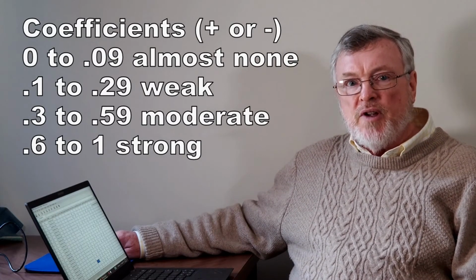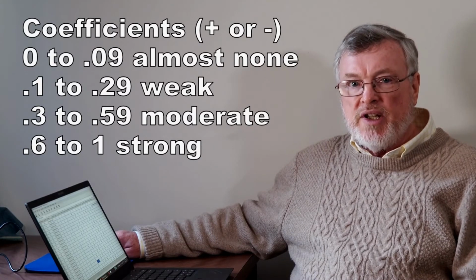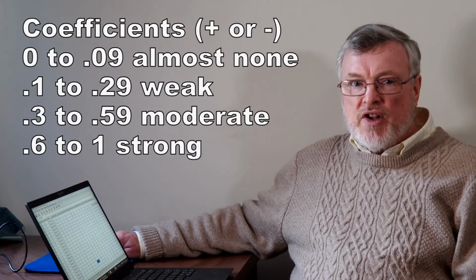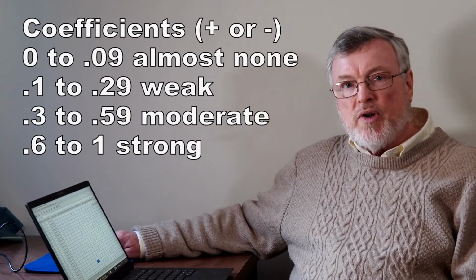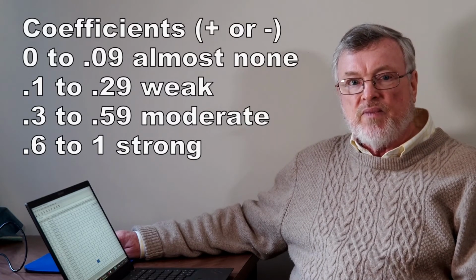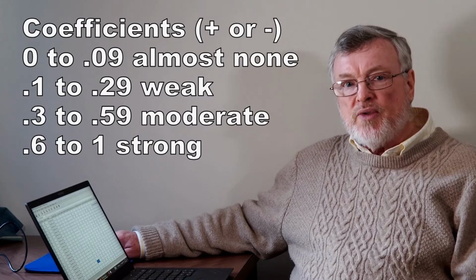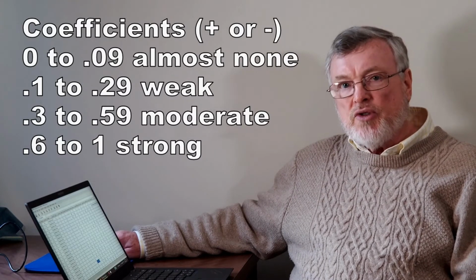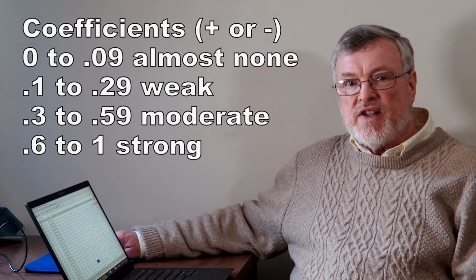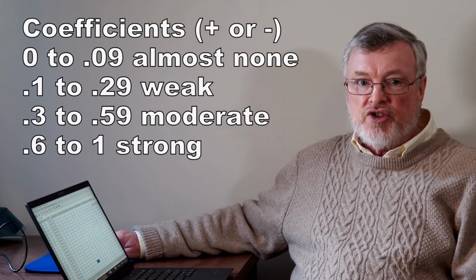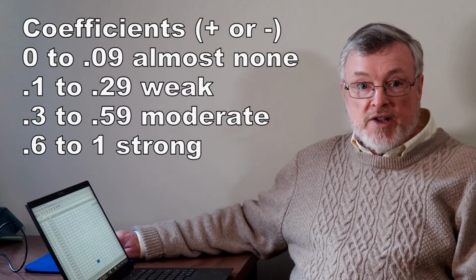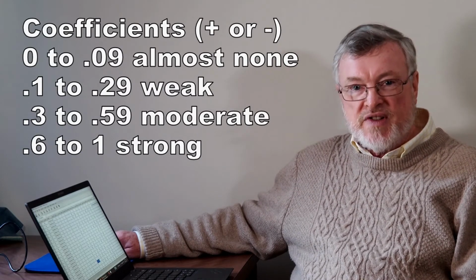A coefficient of between 0.1 and 0.3, plus or minus, means there's a small relationship, and in social surveys a relationship of 0.2 is sometimes worth investigating. A coefficient of 0.3 to 0.5 is a moderately strong relationship, and a coefficient of 0.6 or above is quite a strong relationship. Of course, a coefficient of 1 or -1 is a perfect relationship, positive or negative.